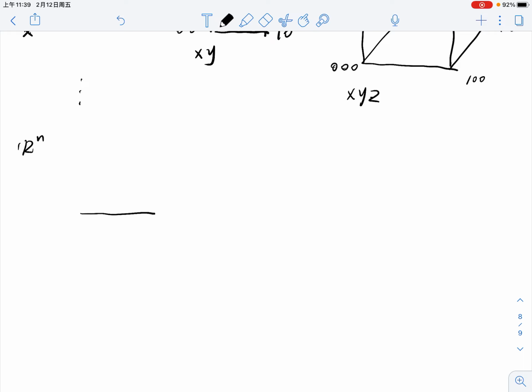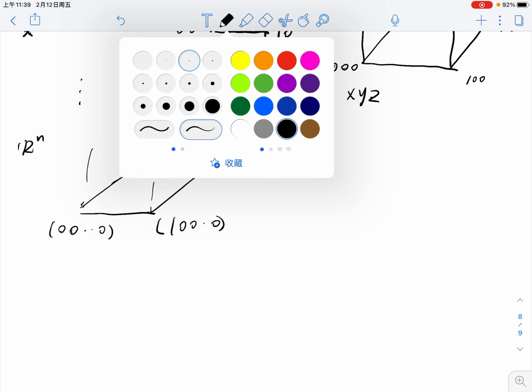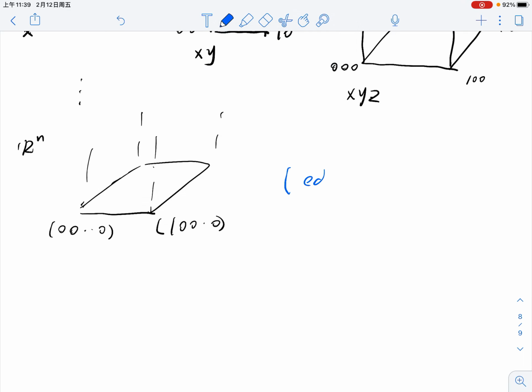But at least you can imagine that each vertex has coordinates represented by a 0, 1 sequence, and the edges correspond to subsets that differ minimally. Minimally just means deleting or adding one element.